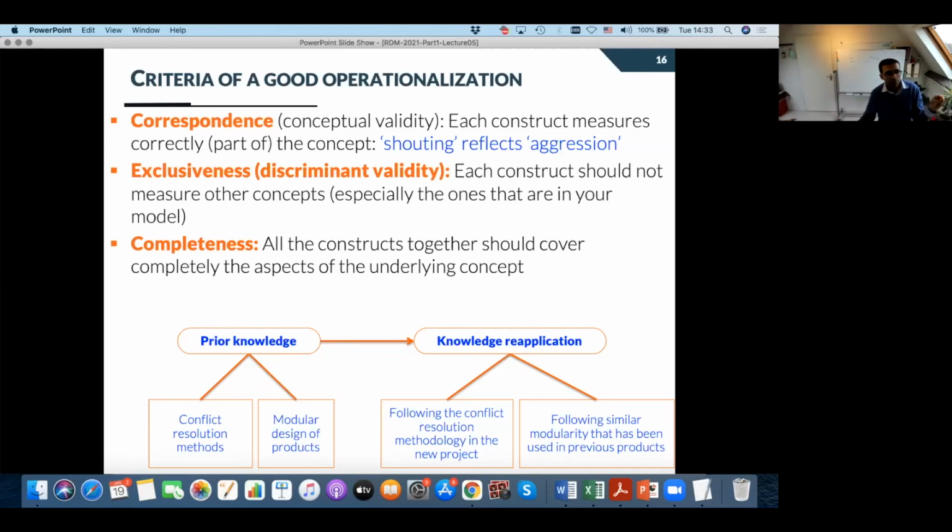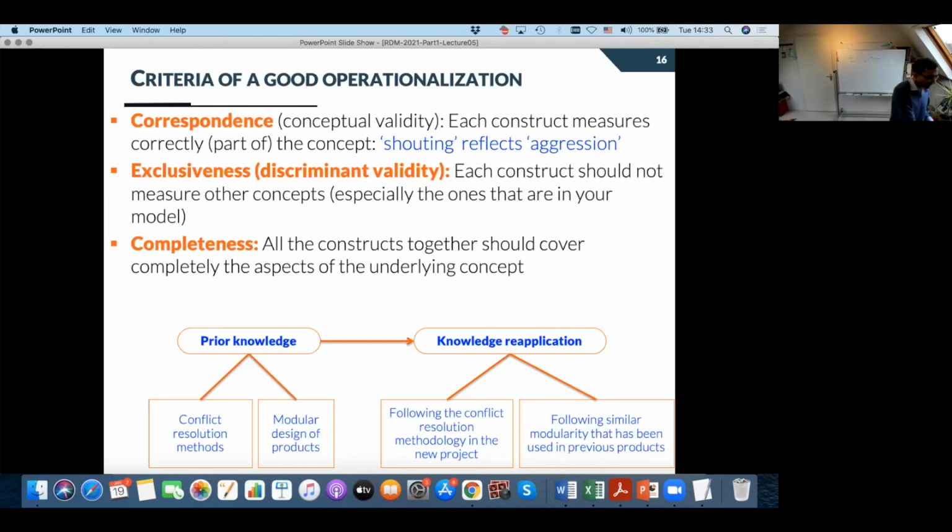It's an example of knowledge sharing. That's called correspondence. But if I say agreement on helping each other, it's not necessarily an example of knowledge sharing. It might be a construct for intention for sharing knowledge, but not knowledge sharing itself.